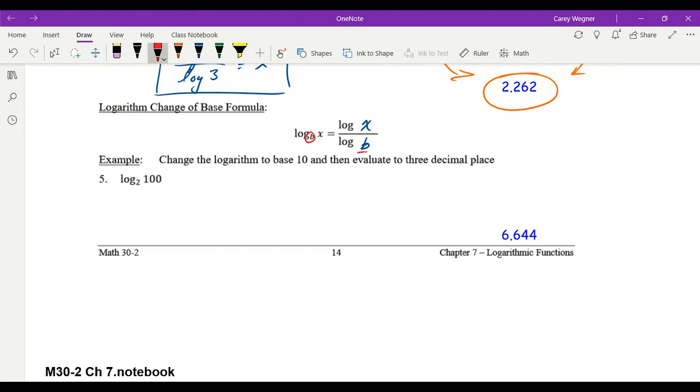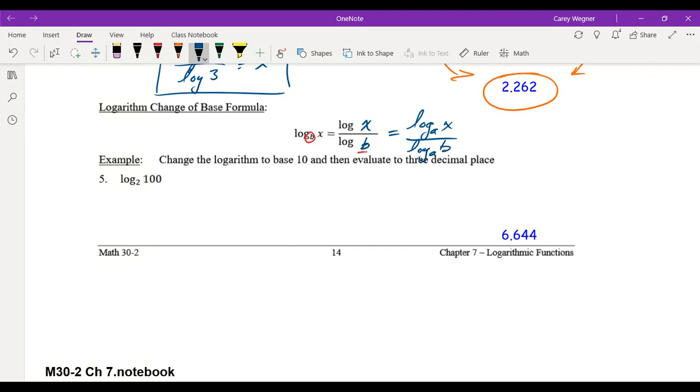Now here I rewrote it as a common logarithm because that's the most useful form for this change of base rule. But we could actually do this with any base. We could say the log base a of x over the log base a of b.